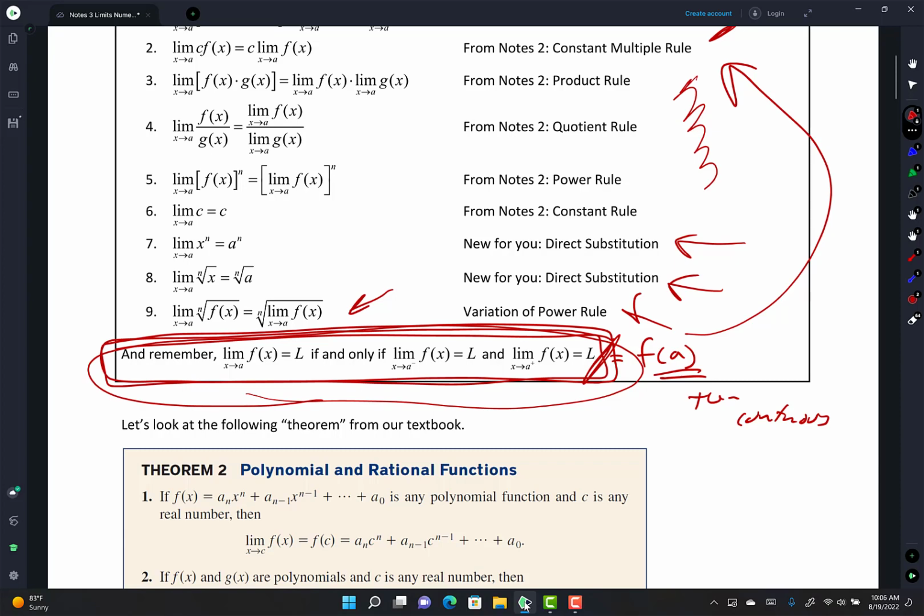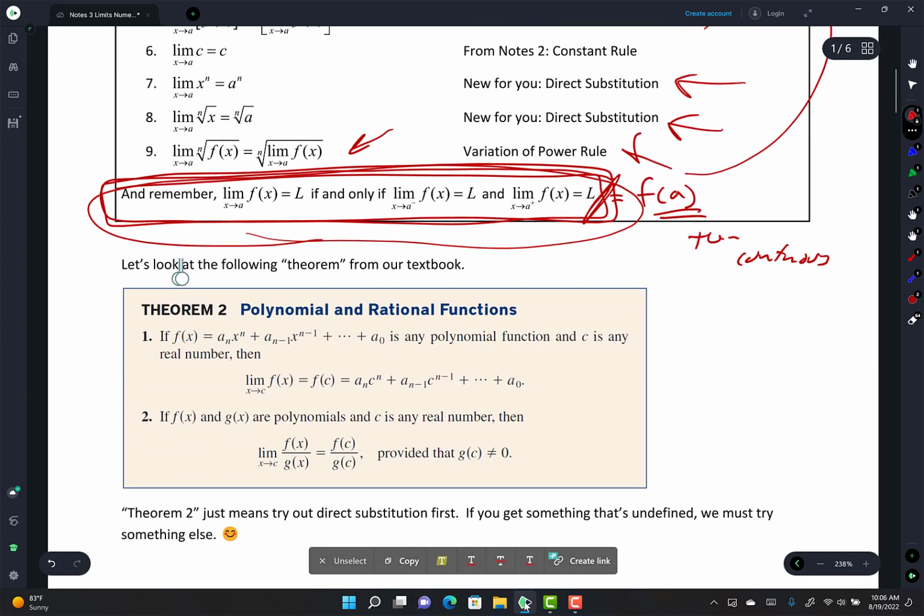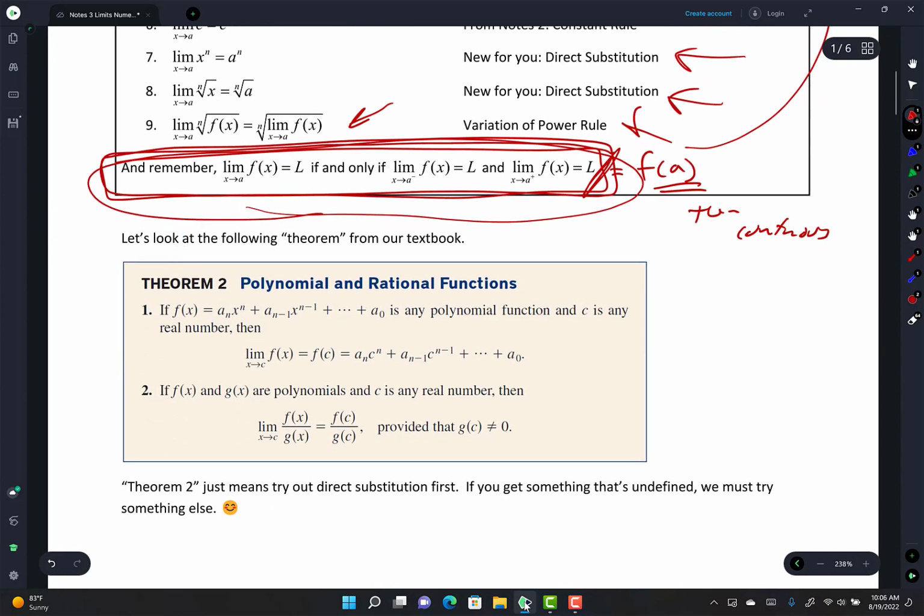All right, relax. It's going to be simple, I promise. So look at Theorem 2. I got this from your textbook, which is why it says Theorem 2, because they're keeping count of how many theorems they've given you. You can just scratch that out. If you were to read this textbook and see that box, does that make sense to you? No? Okay, I'm going to tell you what that box means.